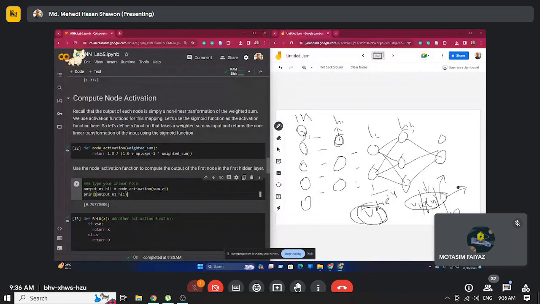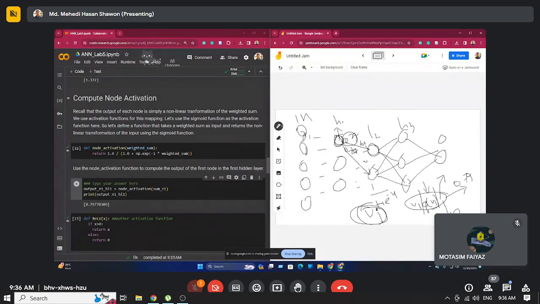Suppose your output from here is 0.79. This 0.79 will go to the second hidden layer, and the input for those layer neurons would be 0.79. But obviously the weight could be different. This is just an output, or in terms of the next neuron, this is the input coming from the previous layer. Are you clear?